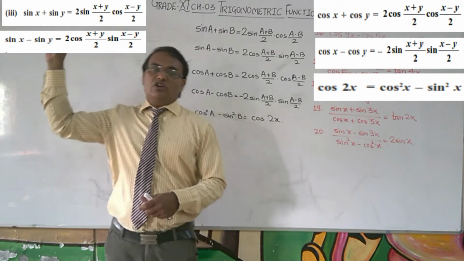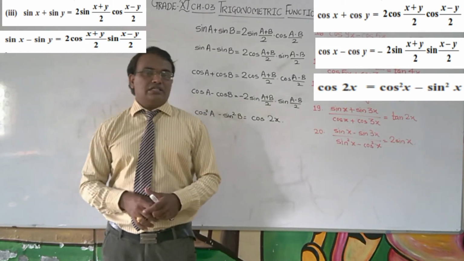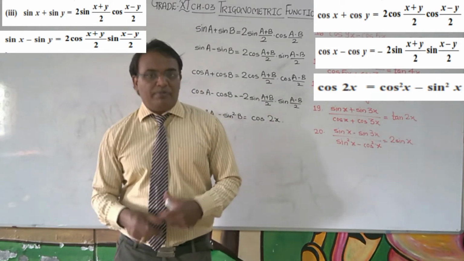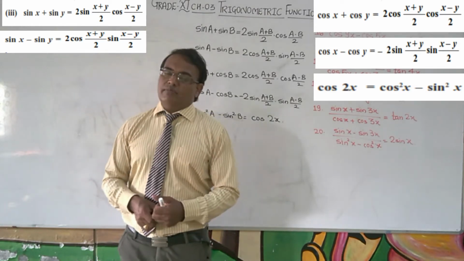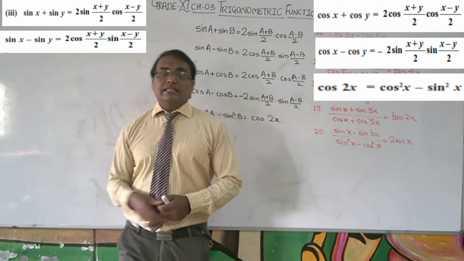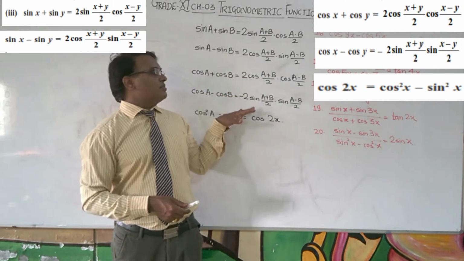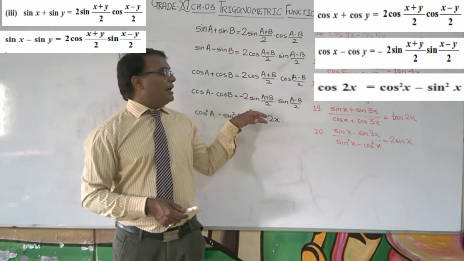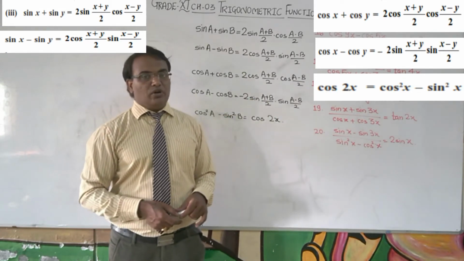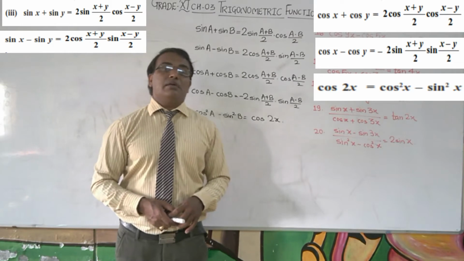The number 1 is what? Cos A plus cos B, that is equal to 2 cos of (A plus B) upon 2 into cos of (A minus B) upon 2. Then the second one is cos A minus cos B. What will happen then? Minus 2 into sin of (A plus B) upon 2 into sin of (A minus B) upon 2.